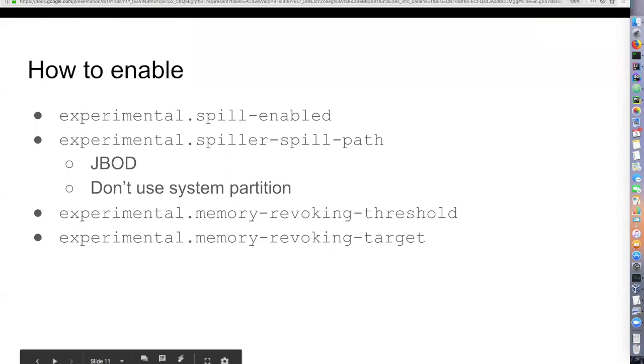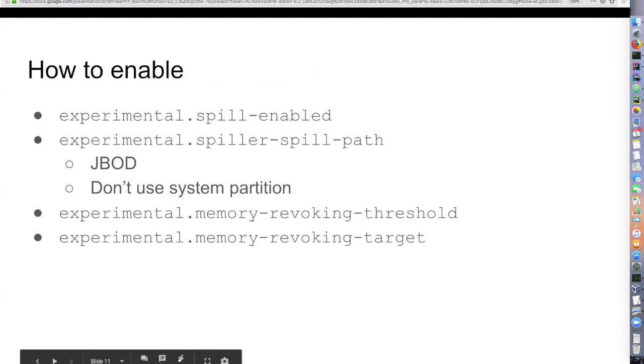Yeah, I think we should just disable it by default at first and see what happens. It's really important to enable the killer at the same time by default, otherwise you will get stuck. Unfortunately, you cannot enable spill by default because you don't know where to spill, and there might be no place for spilling.